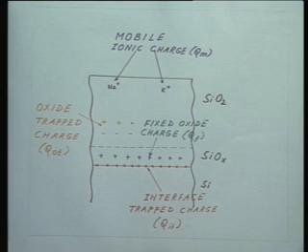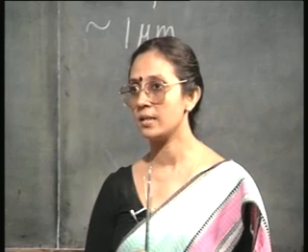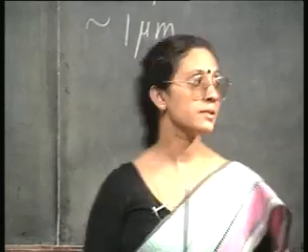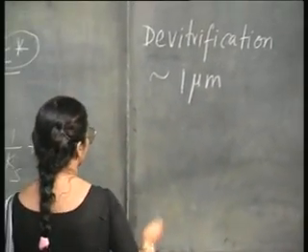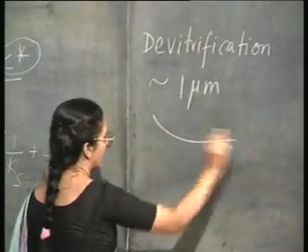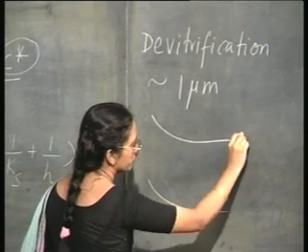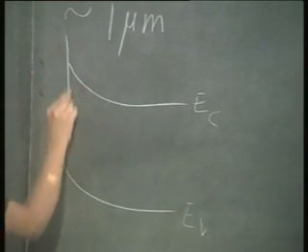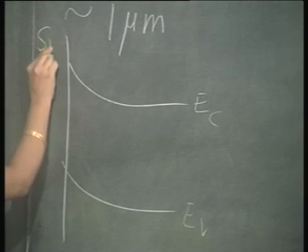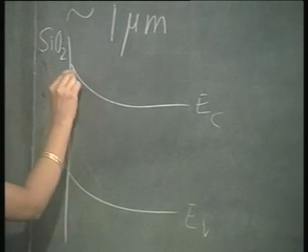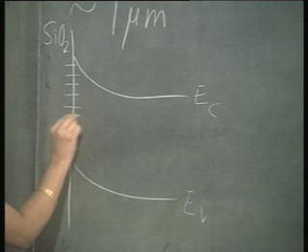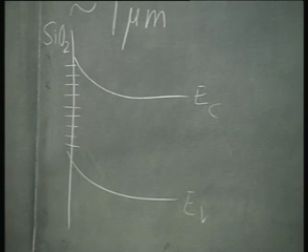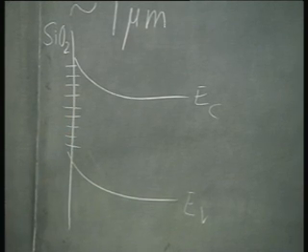As the name itself suggests, it is present right at the silicon dioxide interface and is generally represented, if you look at the energy band diagram, this is your silicon dioxide. It is generally represented as states present all over the forbidden energy gap.